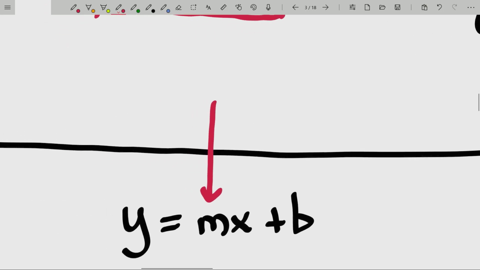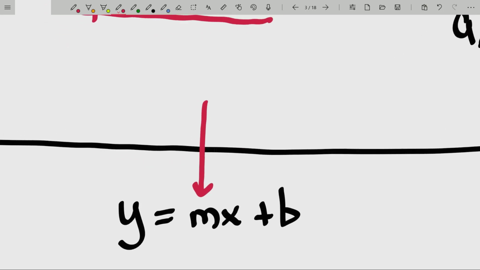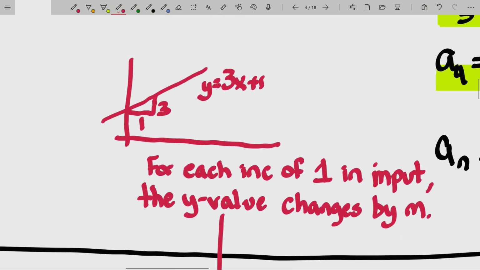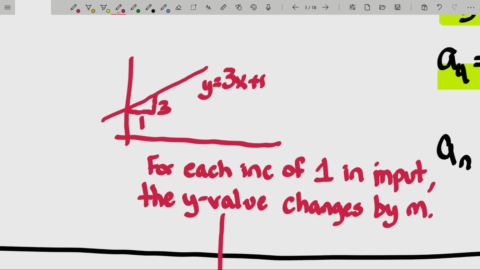So the slope addition property tells us that for each increase of 1 in input, the y value will change by m. Again, if you had y equals 3x plus 1, well, if you increase the input, the x value, by 1, the y value will change by 3 because it's rise over run.